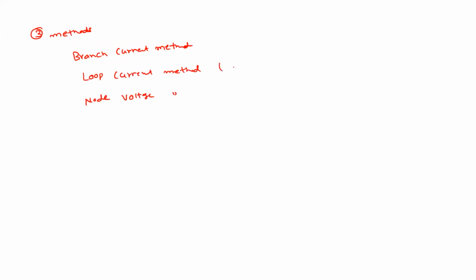The loop current method is also known as mesh analysis, and this is known as nodal analysis. The first one is the branch current method, then the loop current method or mesh analysis.